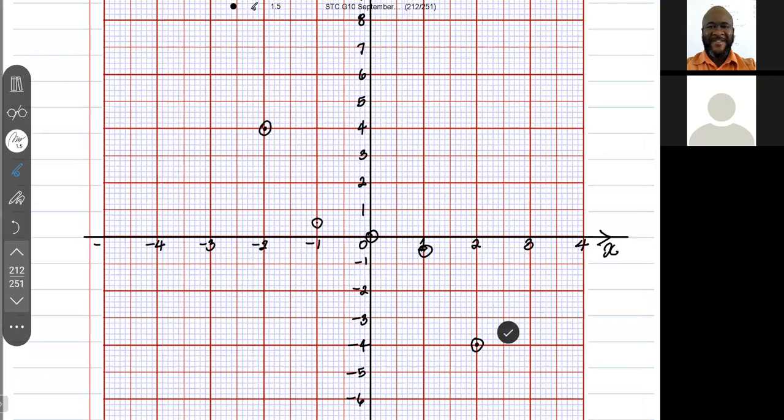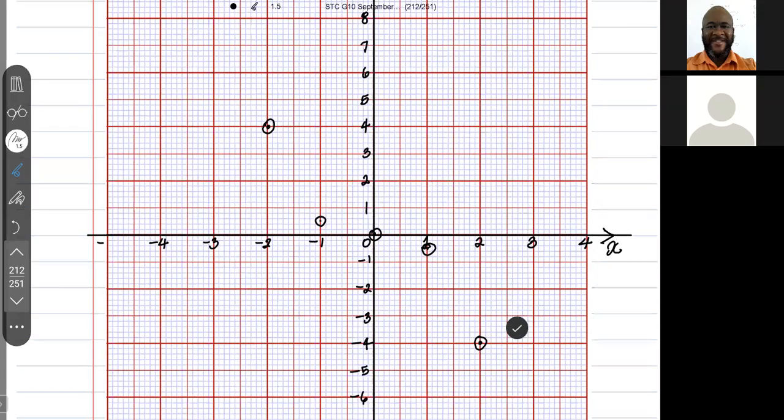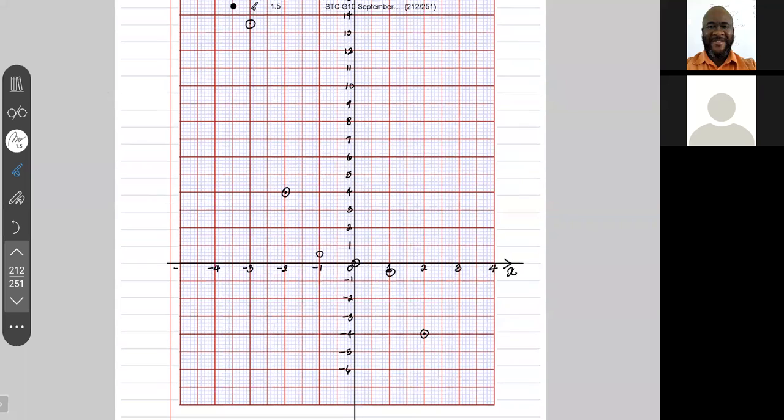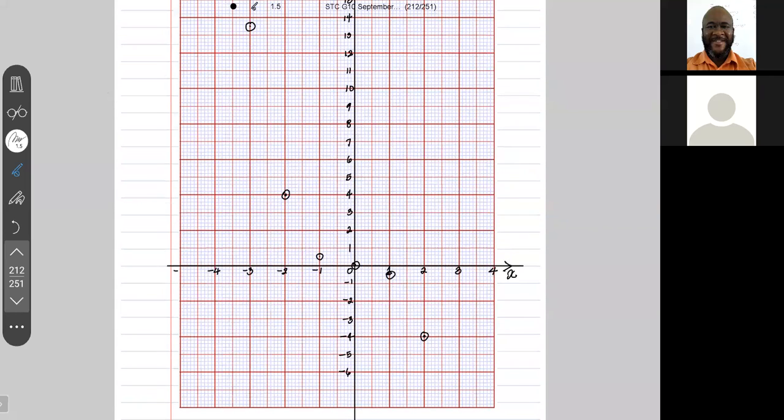Now I'm ready to draw my curve. Everybody should remember that your curve is drawn freehand. When you're drawing a curve, what you need to do is put the pencil point where you're starting and then draw lines through all the points. Do not follow the pencil point with your eye, only look where you're going.